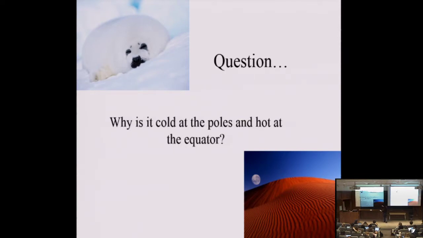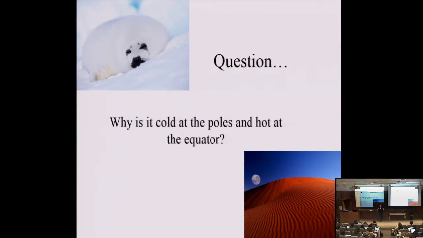But if you're looking up at the poles, so now you have this curvature. Now what you can see is that from here to here is probably double the distance that you saw here.